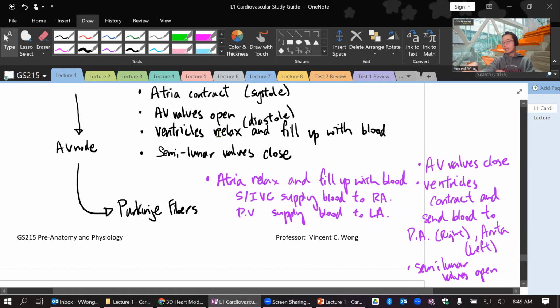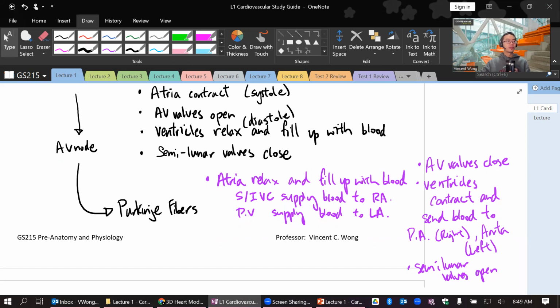This looks a little bit messy. It's probably a good idea to reorganize it after class and write it in a way that makes more sense to you. But these are the key things that are happening as the signal is spreading to different parts of the heart. Anybody have any question?